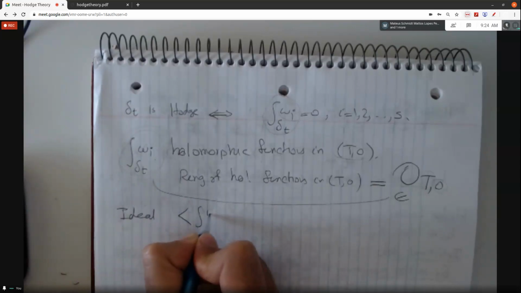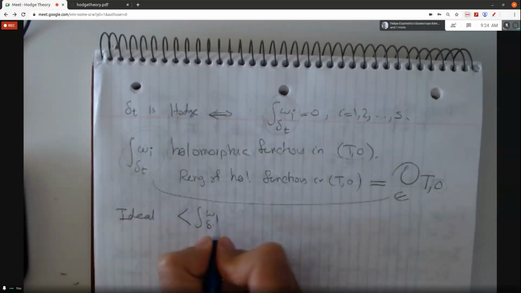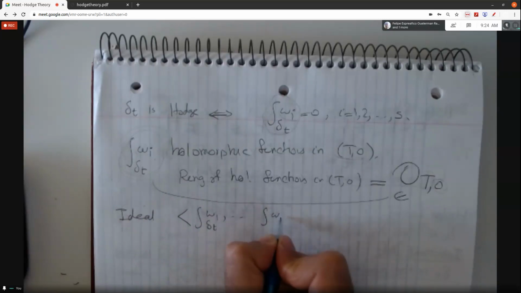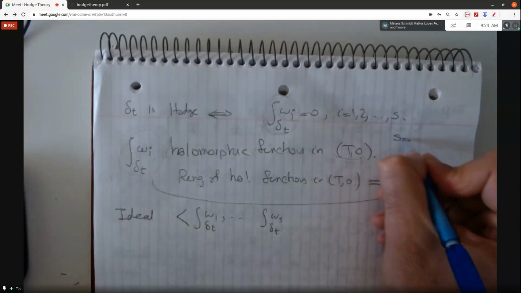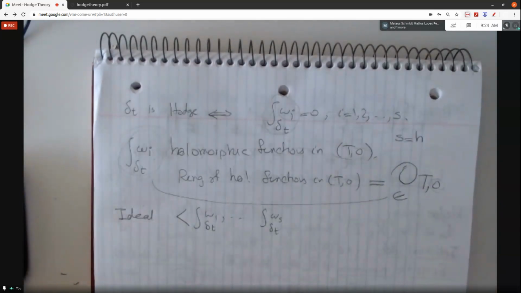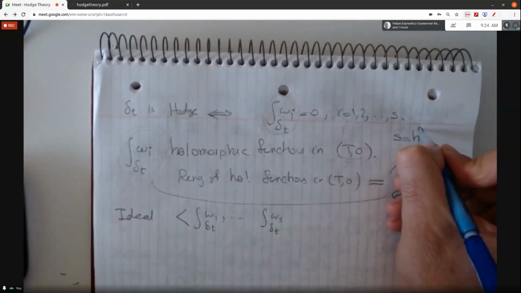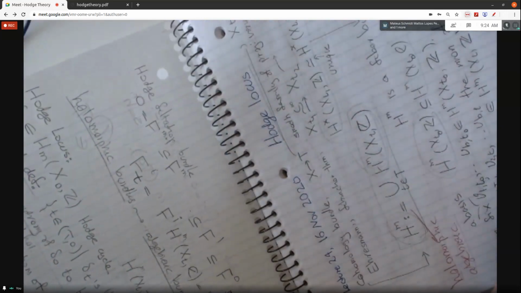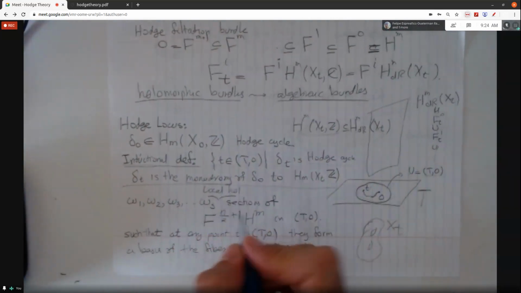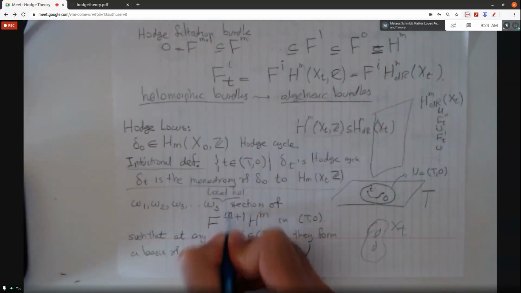The ideal (omega_1(delta t), ..., omega_s(delta t)). By the way, what is this s? Let's write it in terms of Hodge numbers. This is h^{n}... just a moment, I have mixed n with m. So this is m, because I am doing it in general.